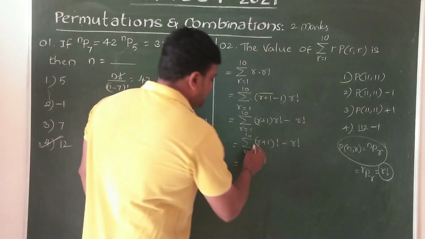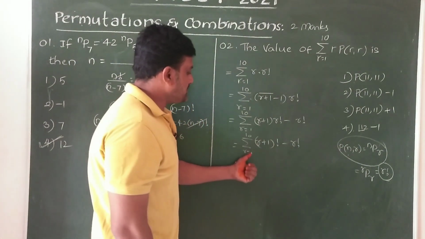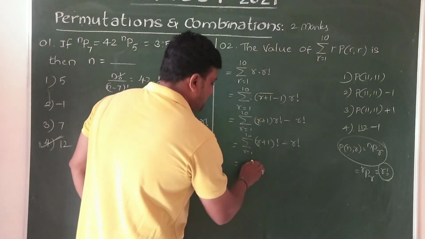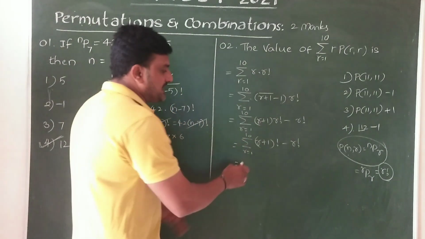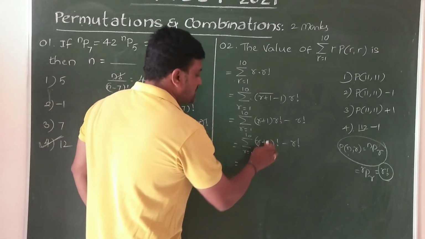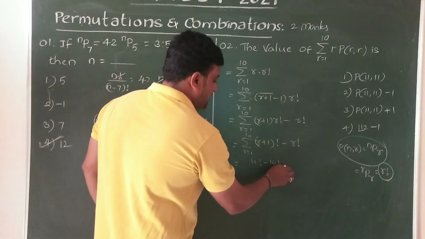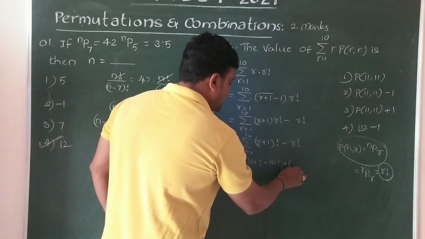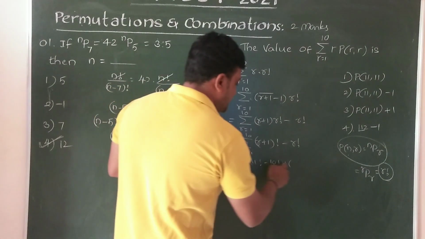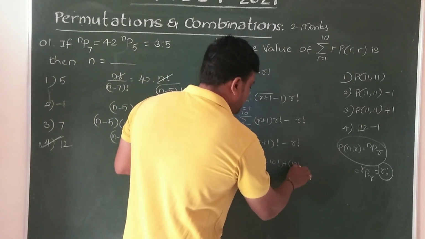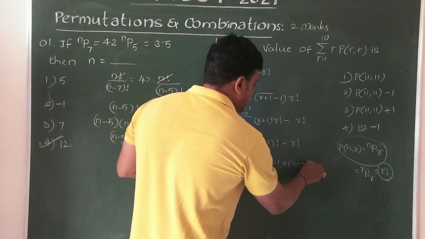Then in the place of r, substitute 1 to 10. In decreasing order, suppose r equals 10, that is 11 factorial minus 10 factorial, and the second term is 10 factorial minus 9 factorial.